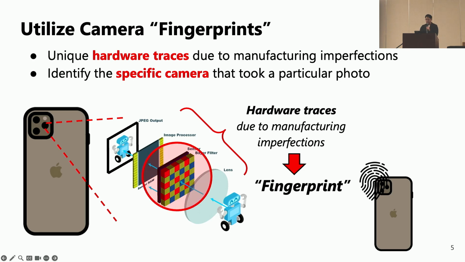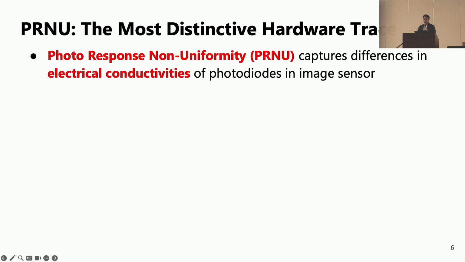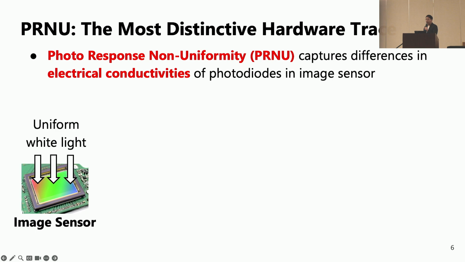Out of all the components in a camera, the image sensor leaves the most distinctive trace. This trace is called photo response non-uniformity, or PRNU. It appears when uniform white light hits the image sensor.